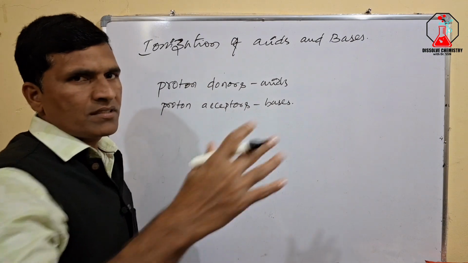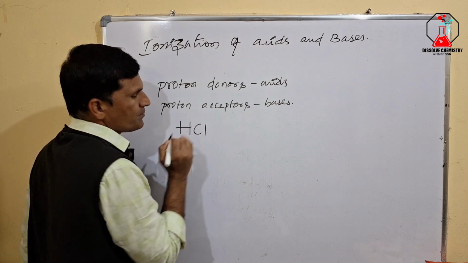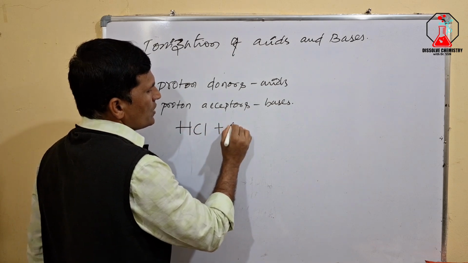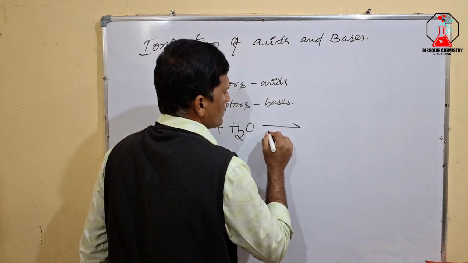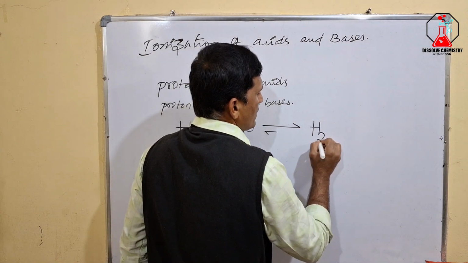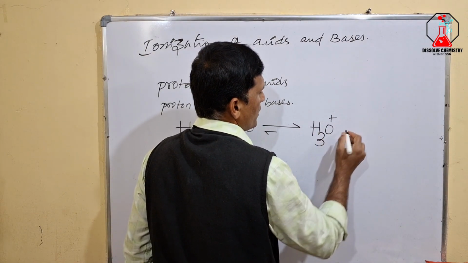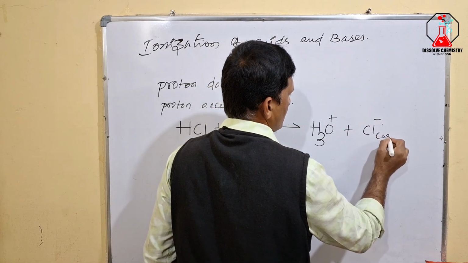We will take one simple example. Suppose you take HCl. When you dissolve it in water, water will accept the proton and form hydronium ion and Cl minus aqueous.